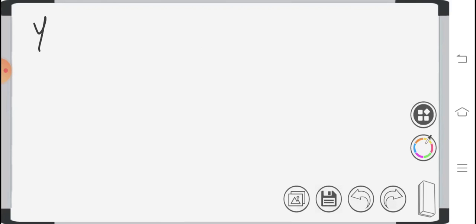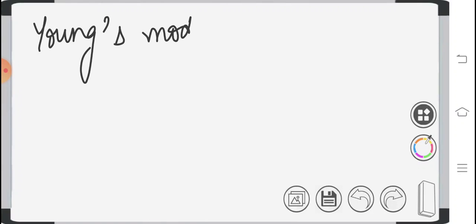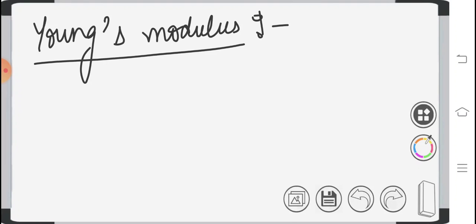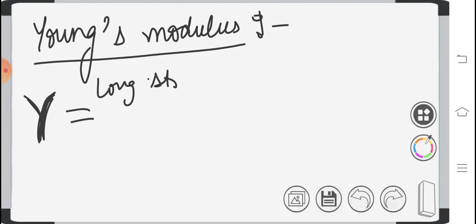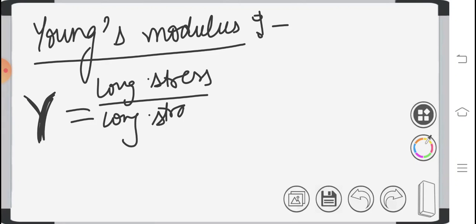Okay, in the same way let us see the third question. The third question says find the dimensional formula for Young's modulus. Do note down all these questions. These are all important questions. Young's modulus, we write it as gamma, and it is longitudinal stress upon longitudinal strain.